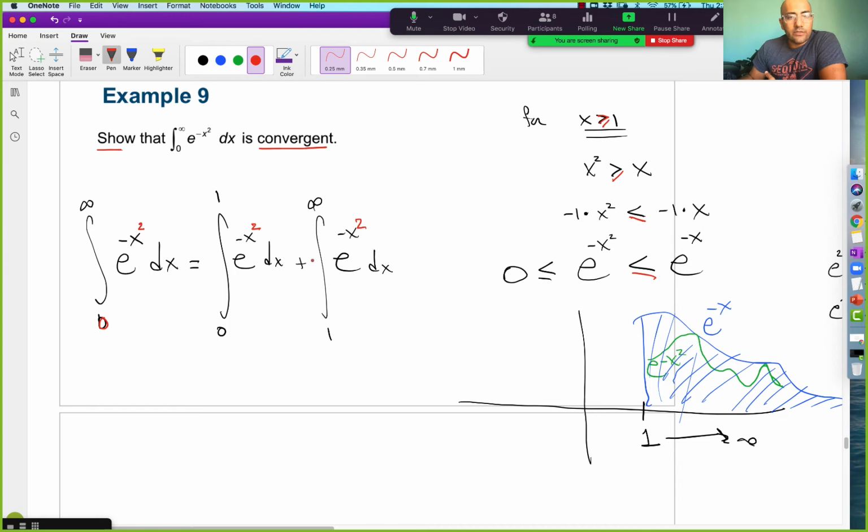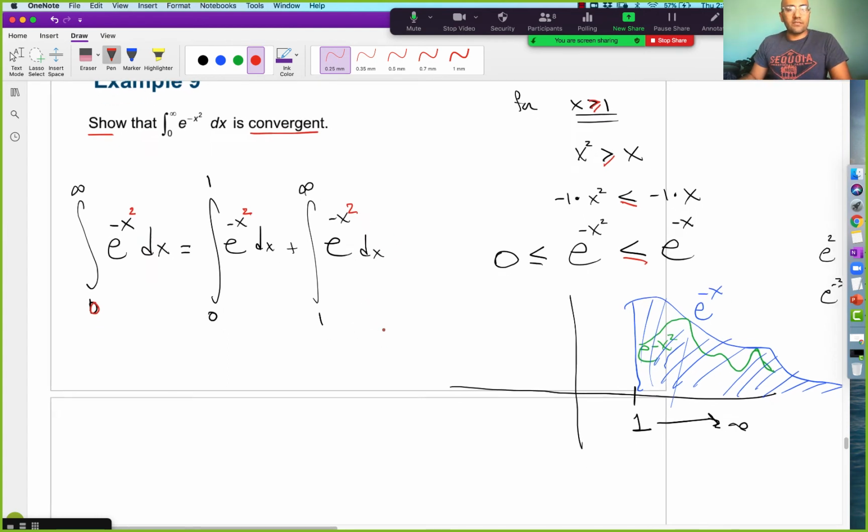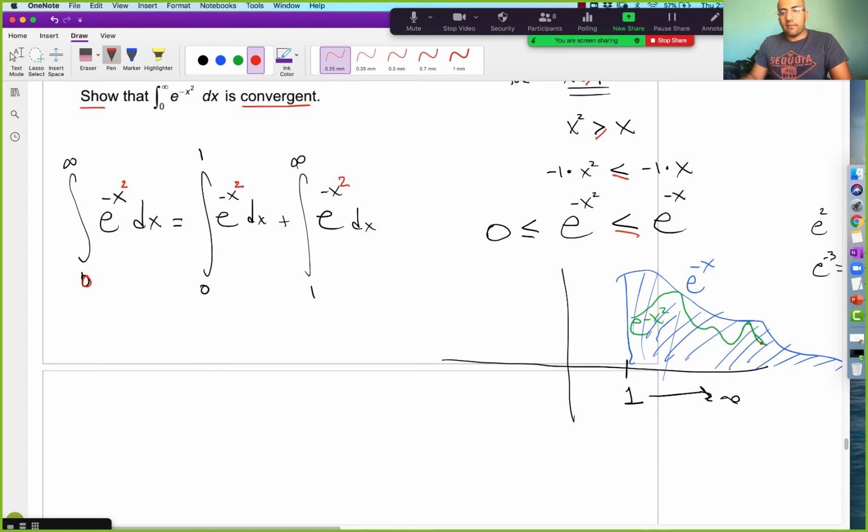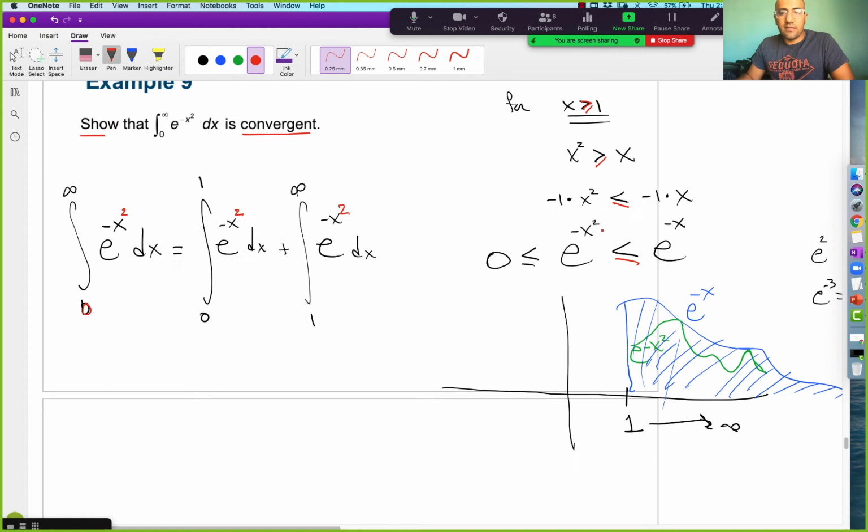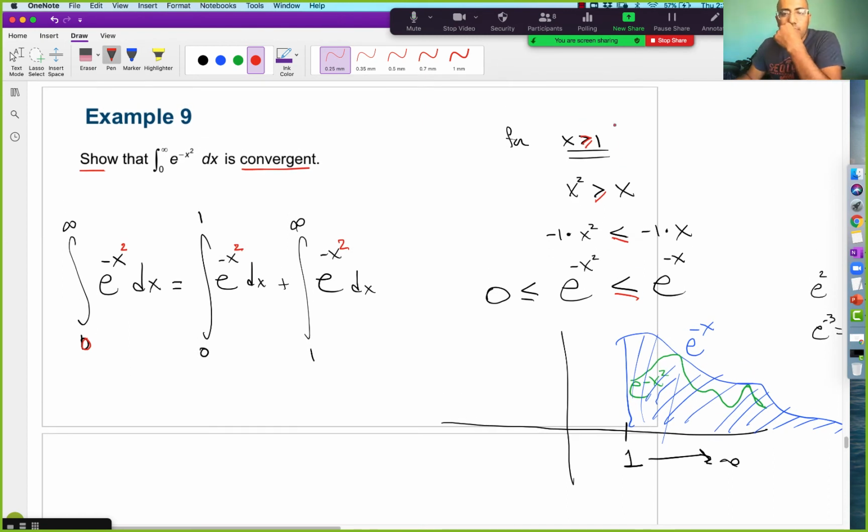So what I want to do is use the comparison test on this guy so I can figure out what happens to this one. And that's where this comes into play. Right? And the reason I had to break it up from 0 to 1 and 1 to infinity is because this statement here is only true for values of x that are greater than or equal to 1. Good.